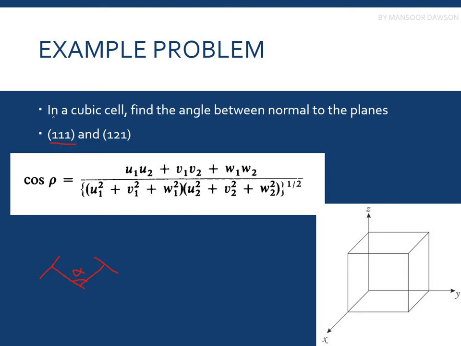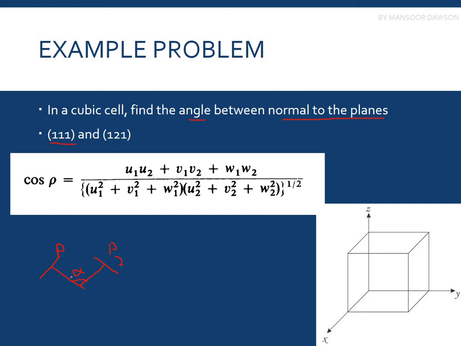Again, reading the question, in a cubic cell, find the angle between normals to the planes 111 and 121. These are the two planes which I just drew, this is plane 1 and this is plane 2, and the directions of these planes would always be perpendicular to them.